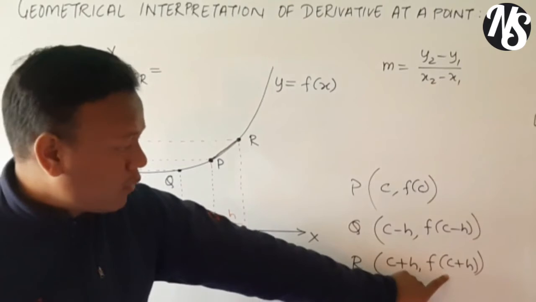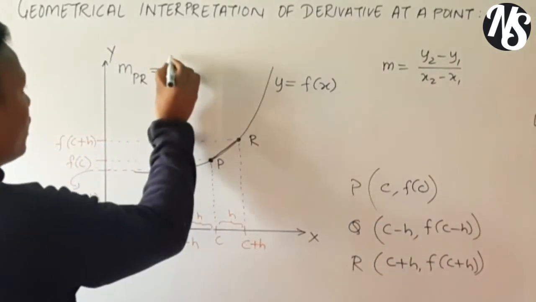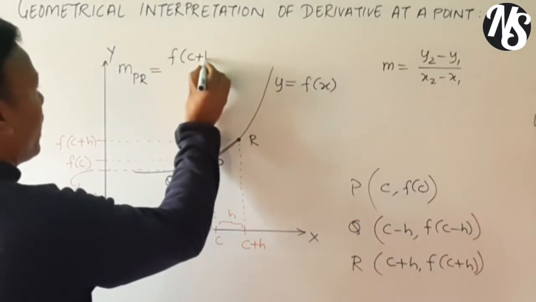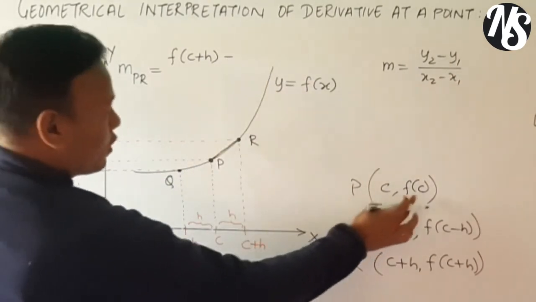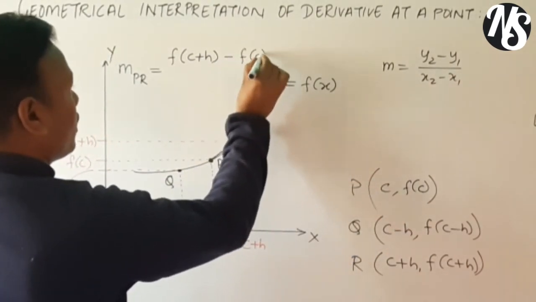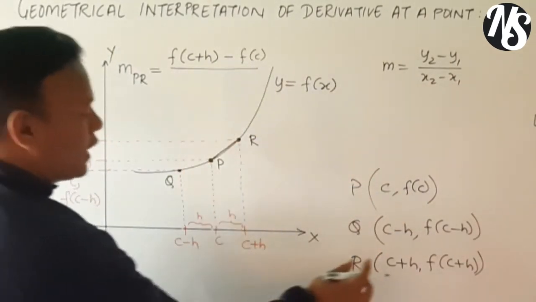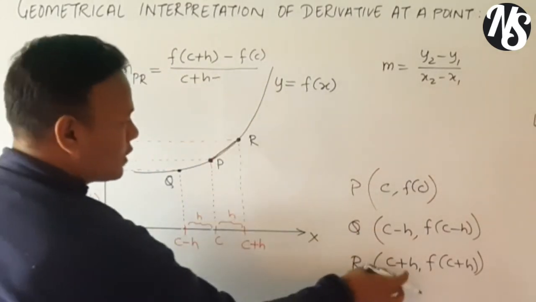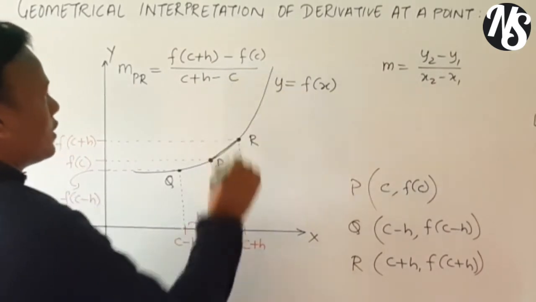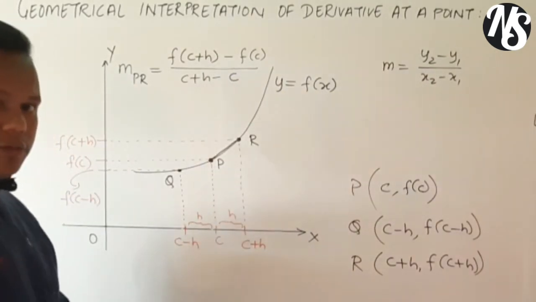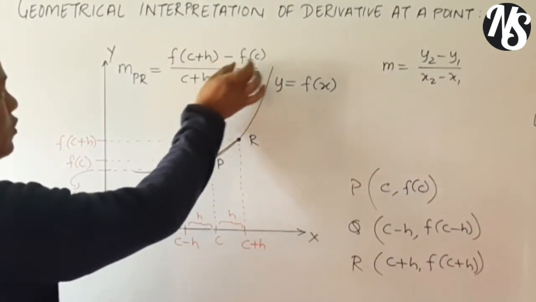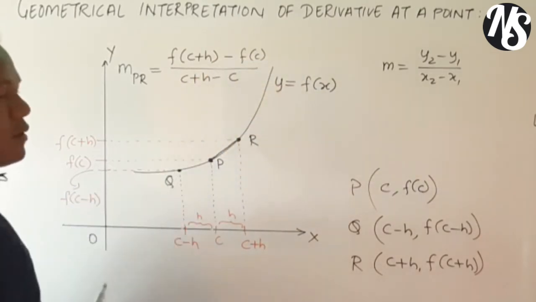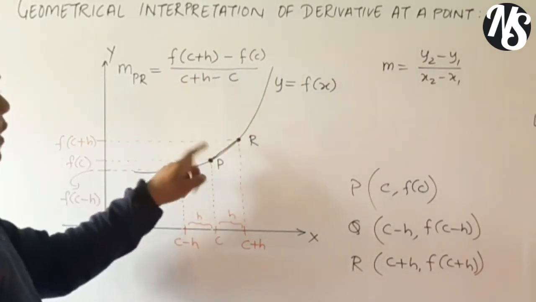So this becomes y2 minus y1, that is f of c plus h minus y1, which is f of c, divided by x2, that is c plus h, minus x1, that is c. I hope this thing is clear to you. y2 minus y1, x2 minus x1. So this is the slope of line PR.